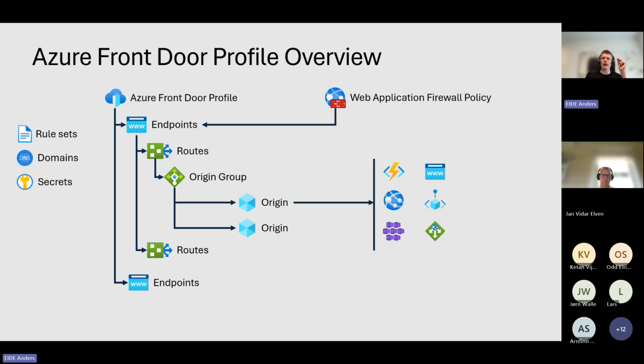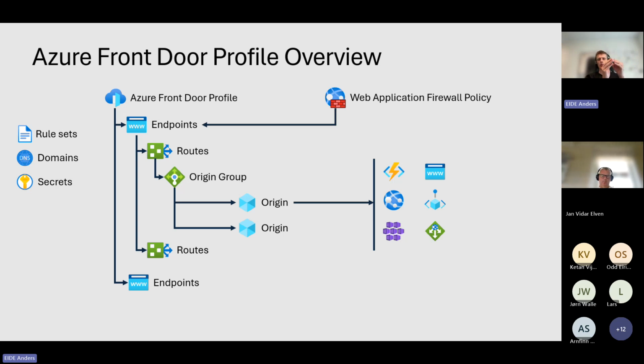The Front Door profile itself is the container of all capabilities of a Front Door solution. A Front Door profile can have multiple endpoints, which is what the user will hit first when trying to access. And this endpoint can then have multiple routes. The routes are typically what comes after the domain name.